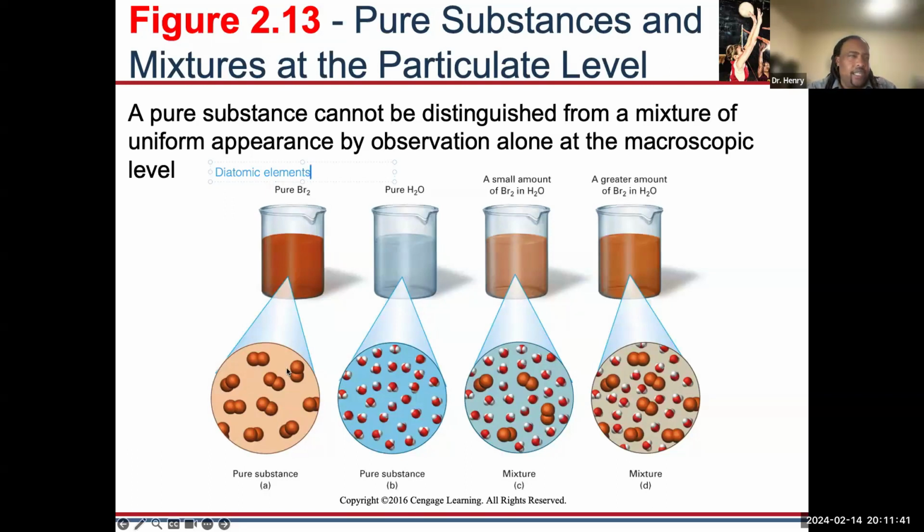And these are models for the bromine and the water. Now, this here is where we're adding bromine and water together. So is that going to be a mixture or is it going to be a pure substance? If we have a small amount of bromine and a whole bunch of water.